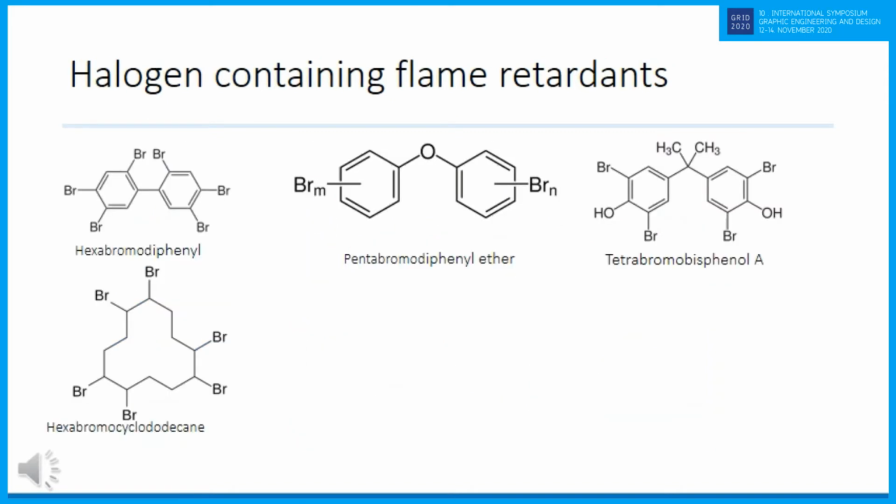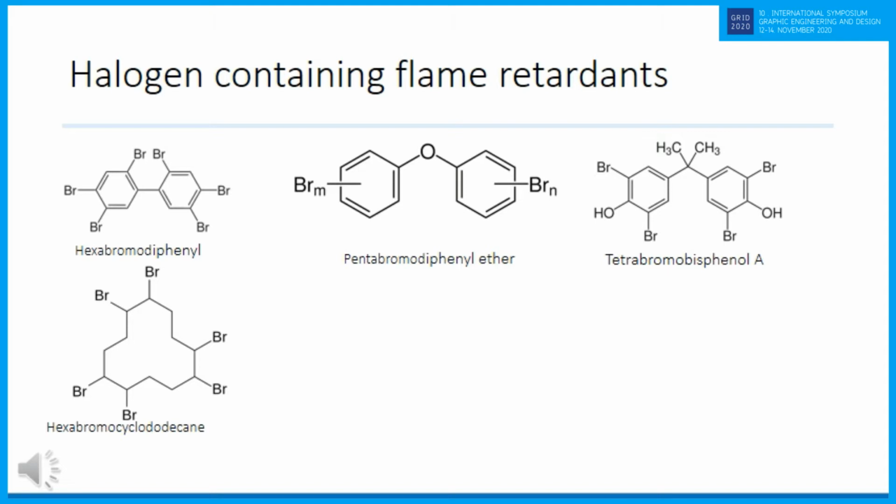Halogen containing flame retardants. Among these flame retardants, brominated flame retardants are well-known ones. They are generally used in electrical equipment. Fire can occur in short circuits and electrical malfunctions.